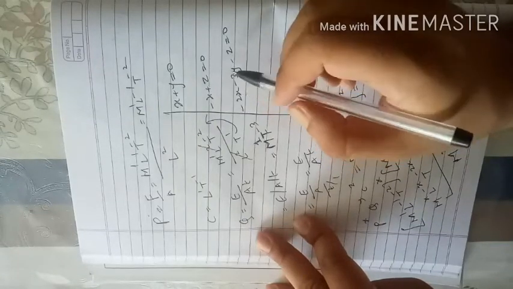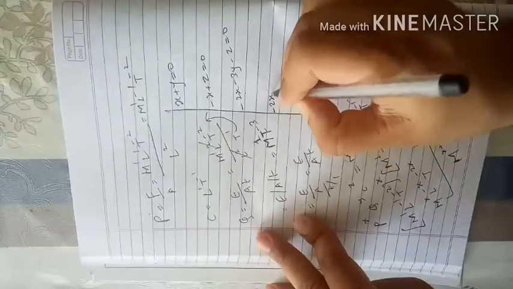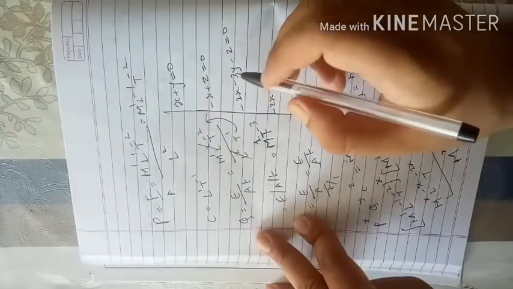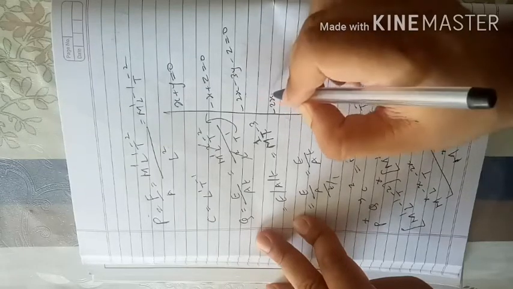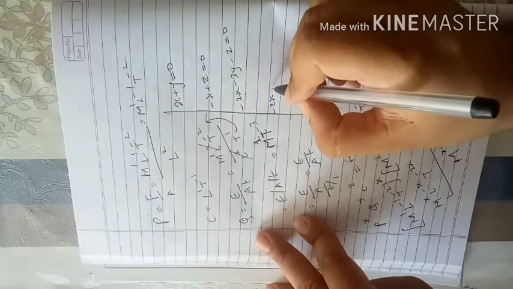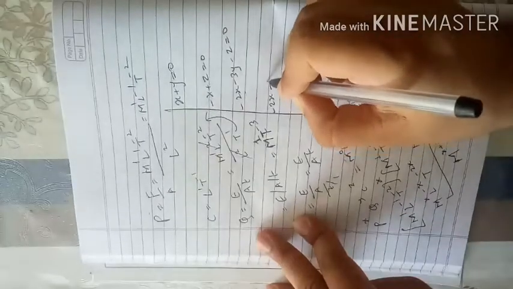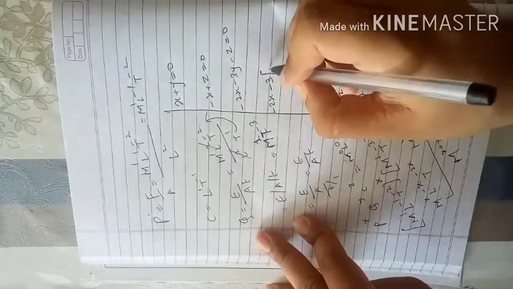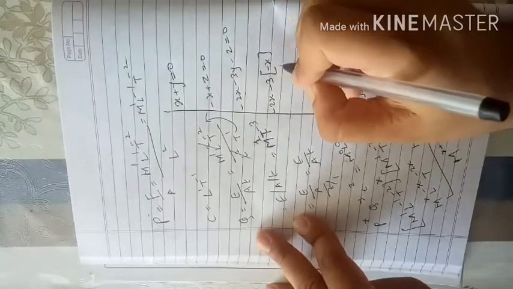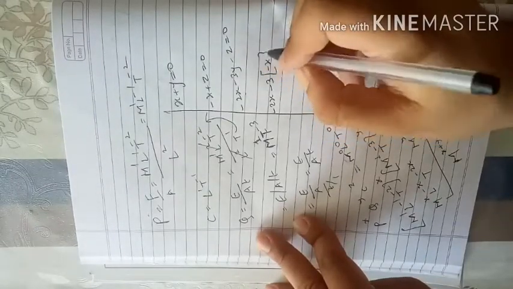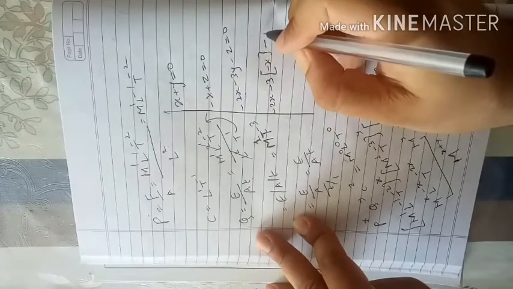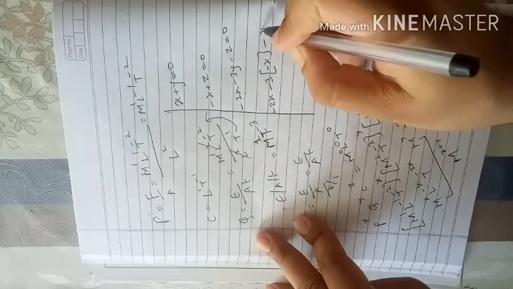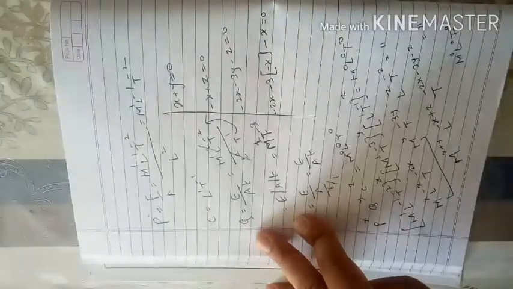So this is minus 2X, and this is minus 3Y, so Y is equal to minus X, and this is minus Z, but Z is equal to X, so this will be some X equal to 0.